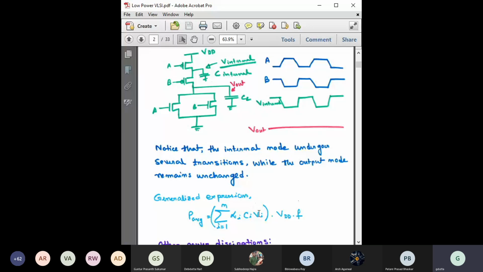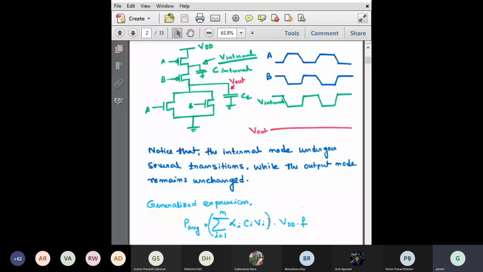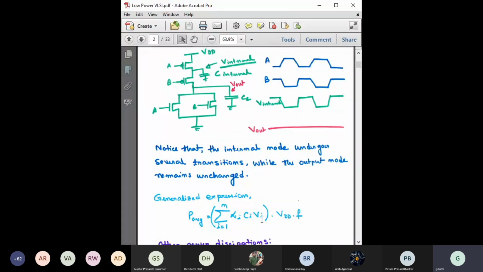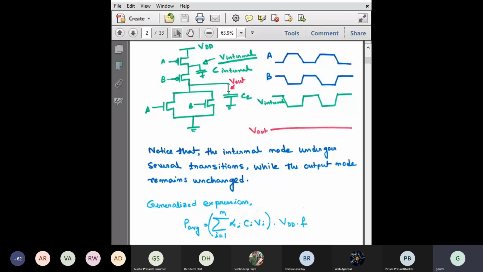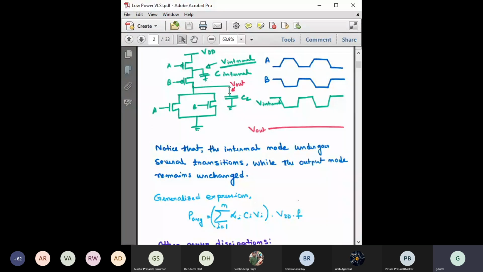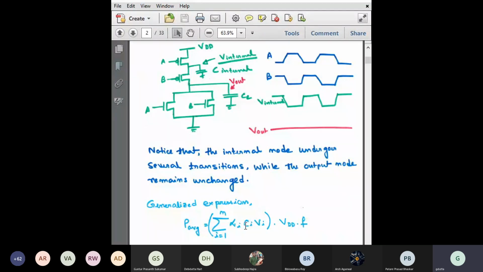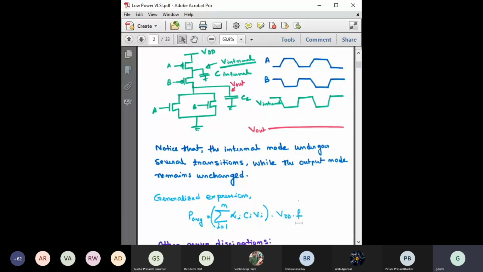Now you know that Vi for the output capacitor would be VDD only, because this capacitor will be charged completely to VDD or discharged completely from VDD to 0. So the change in voltage across the output node capacitor is always VDD. So it becomes alpha C VDD square times f.